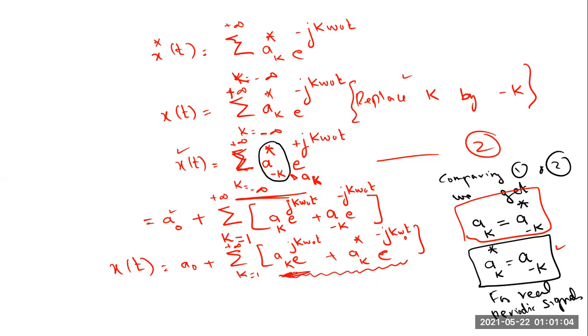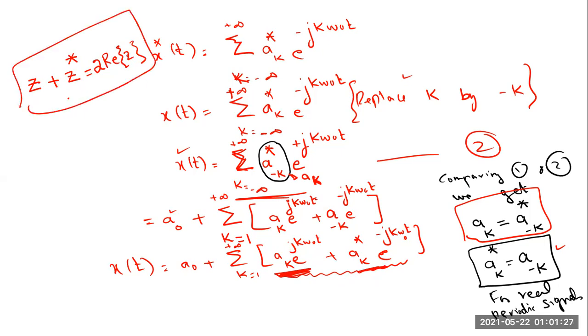In other words, if you take the complex conjugate of this term, you will get this term. And you already know from basic complex numbers that if you have a complex number z and you add it with its complex conjugate, that addition is equal to 2 times the real part of z. Okay? This is the result that you use in your complex number analysis.